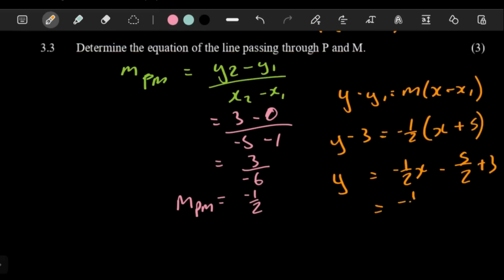This gives you negative a half x, negative 5 over 2, plus 3. Negative 2.5 plus 3 gives you a half. We love to see it.